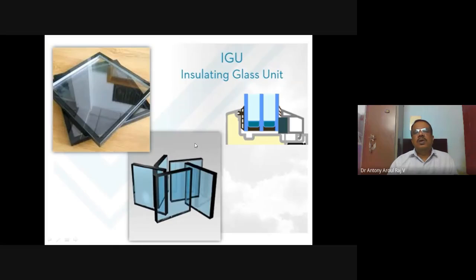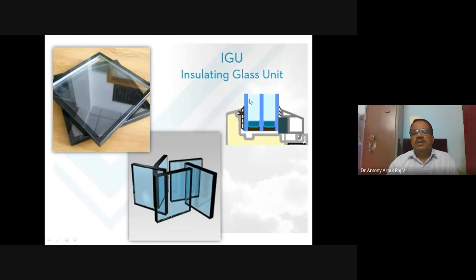I was just telling you about insulating glass units. This is one such insulating glass unit, called paned glass. Paned glass can be single paned or double paned. Here double paned glass is shown. What is paned glass? You have one glass here and one more glass here, and in between you can fill with air. You already know air has a lower thermal conductivity, so it acts like an insulator.